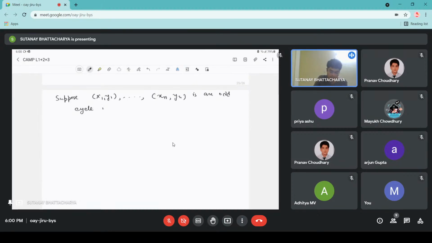So n is odd, and the distance between (x1, y1) and (x2, y2) is an odd integer, the distance between (x2, y2) and (x3, y3) is an odd integer, and so on, all the way up to (xn, yn). And the distance between (xn, yn) and (x1, y1) is also an odd integer.